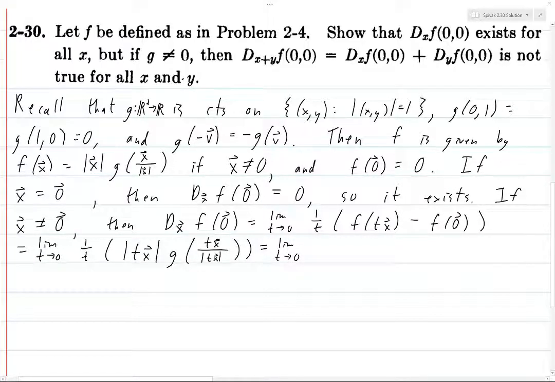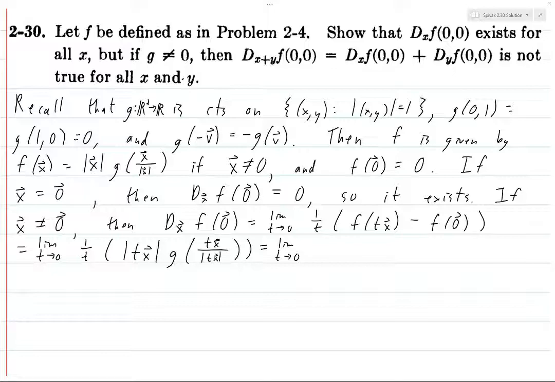Now this is the limit as t goes to 0. We can pull the norm of t out of the norm of t times x, and so we get the norm of t divided by t. If t is positive, then the norm of t divided by t is going to be 1.